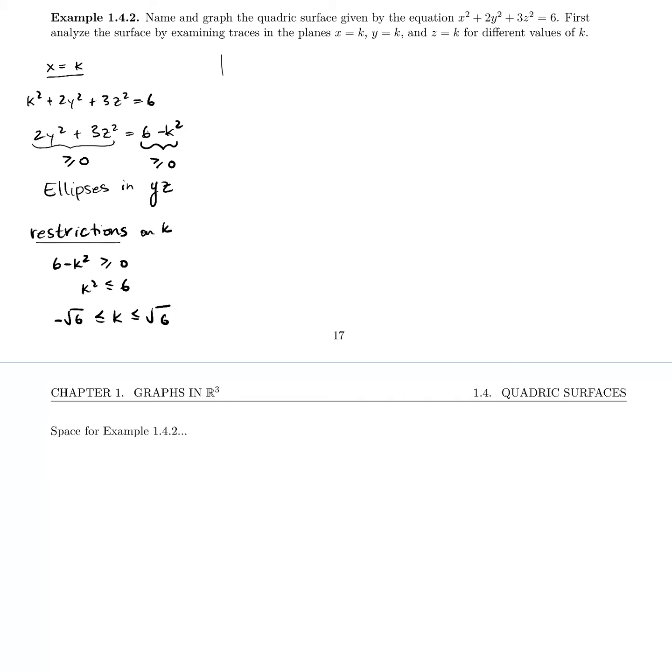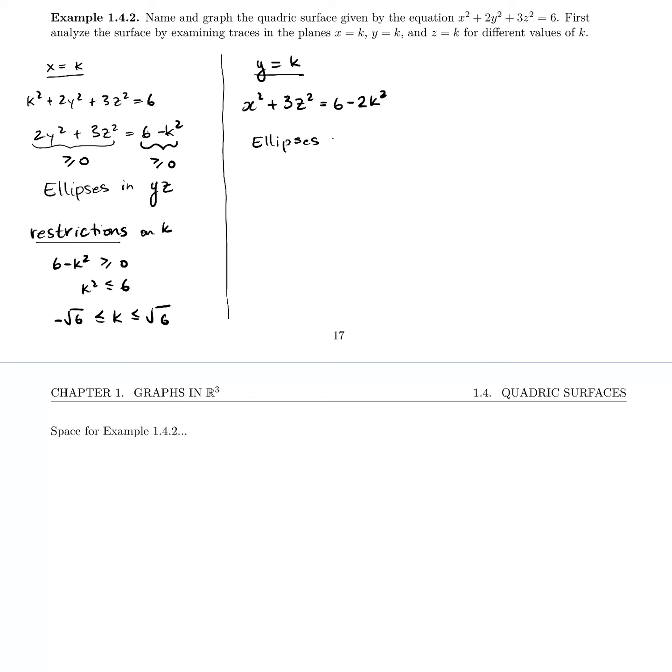Let's look at y equals k, so parallel to the xz plane. If we plug in y equals k and bring it all over to one side in one step, we get x squared plus 3z squared is equal to 6 minus 2k squared. We again see the sum of squares with positive but different coefficients.